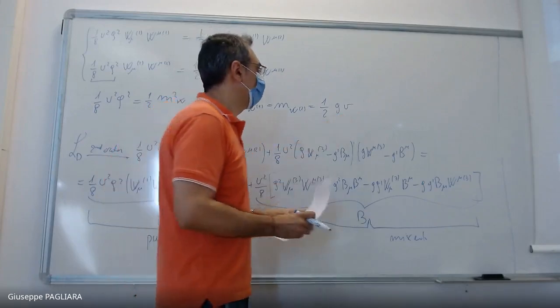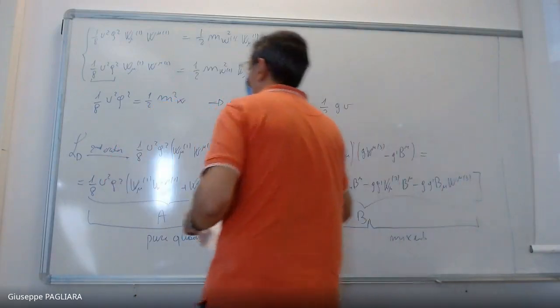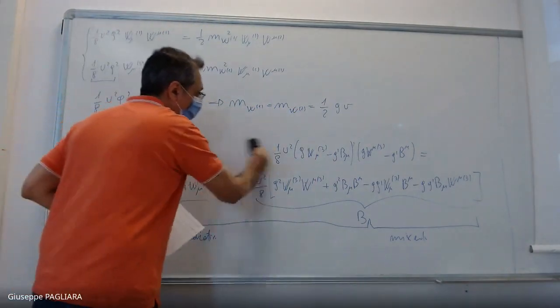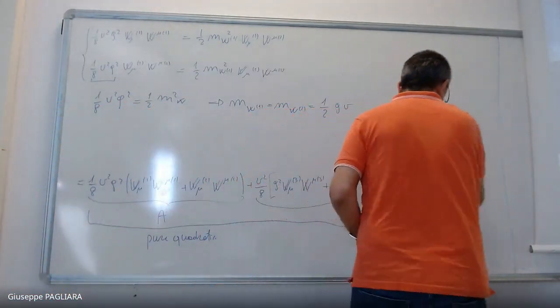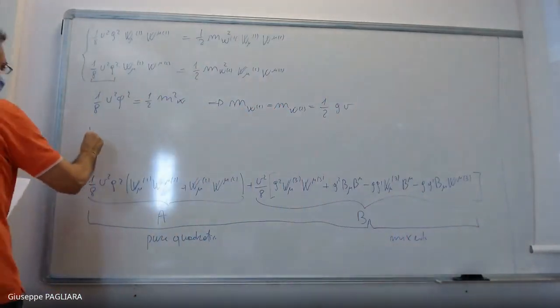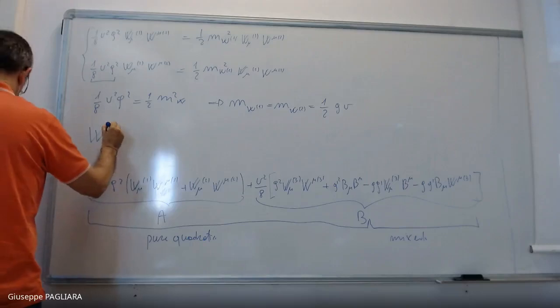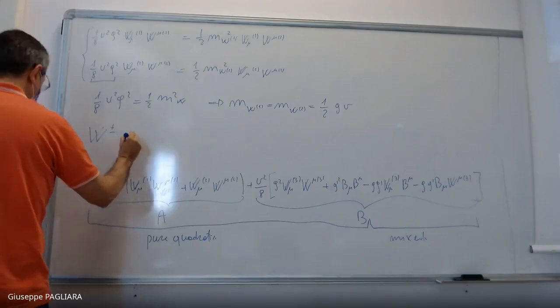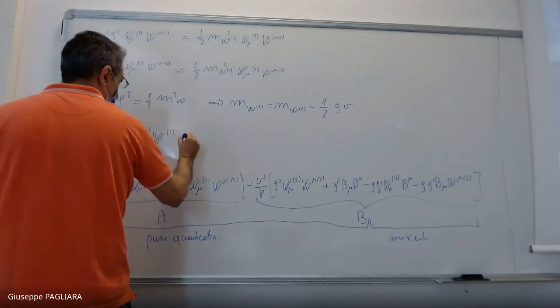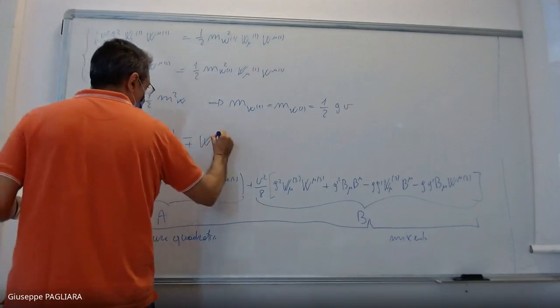Okay. Now we are concerned not with W1 and W2, but with the W plus and W minus, so the physical bosons. Right? But the physical bosons, if you remember, are just combinations of those two. So W plus minus is the following combination: W1 minus plus W2.